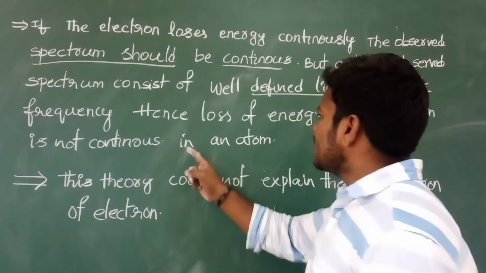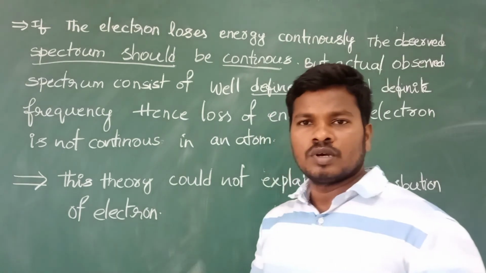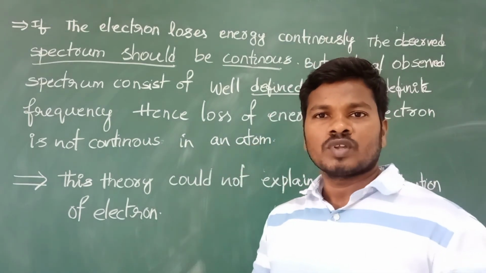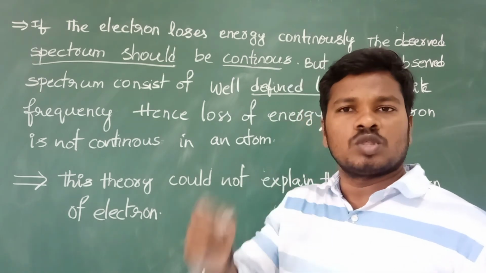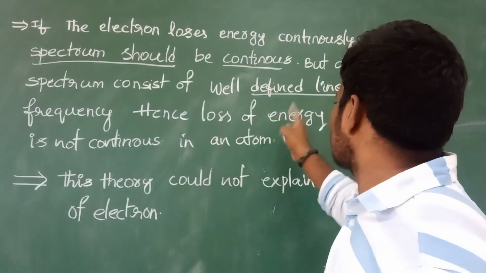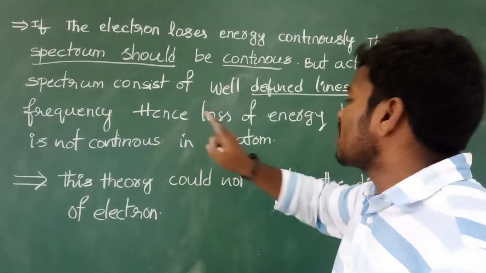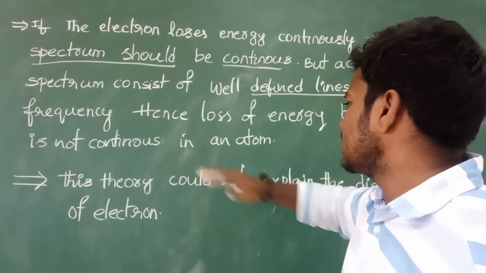Hence, loss of energy by an electron in an atom is not continuous. The actual spectrum is different from what we expected, so what Rutherford said regarding the energy is incorrect.